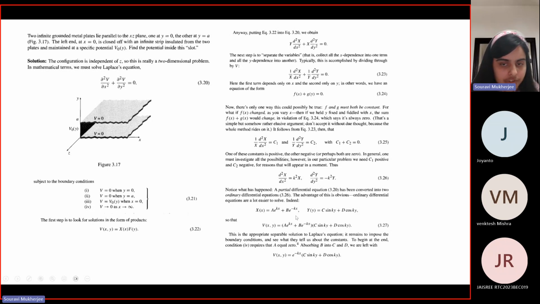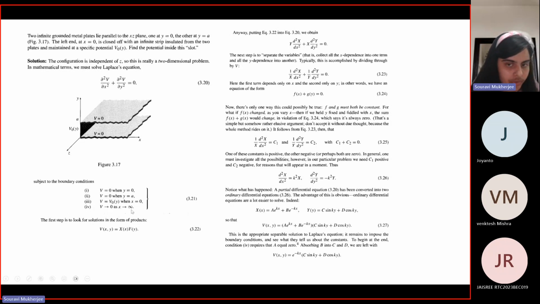And now this is the general form that we get. So this V(x,y) is the general form of potential that we get for such a two-dimensional problem. Now, based on our boundary conditions, we try to simplify this term. Here it says that as x tends to infinity, your V should tend to 0.